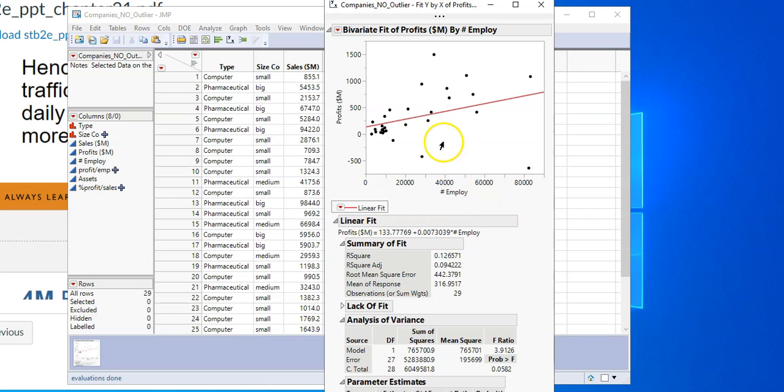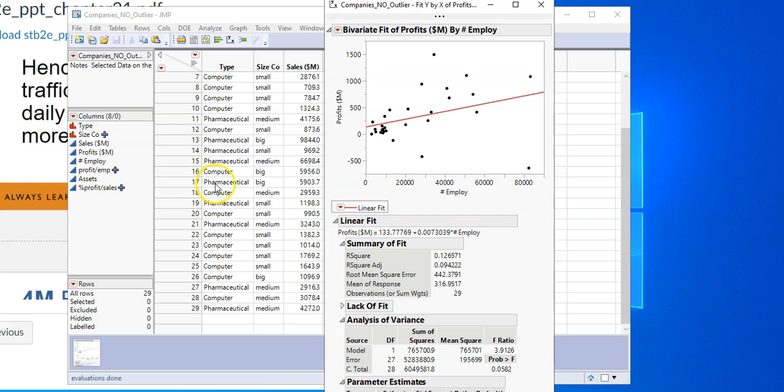But one of the reasons we don't have a very nice equation or regression line here is that we have, I think, 29 data points. Remember that I told you we divide by the square root of n, right? The higher the sample size, the lower the standard error, and lower standard error means a better fit.